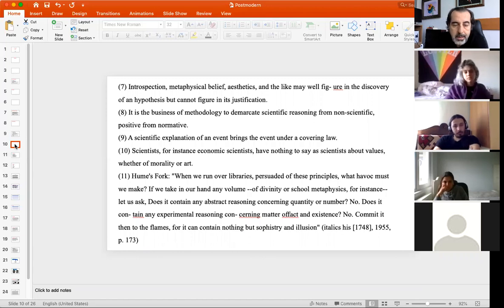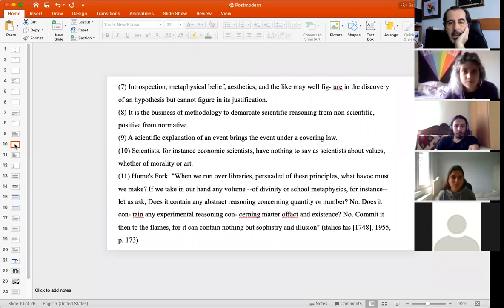So seven, introspection, metaphysical belief, aesthetics, and the like may well figure in the discovery of a hypothesis, but cannot figure in its justification. This is the position of Karl Popper's, basically, conjectures and refutations and so forth. Eight, it is the business of methodology to demarcate scientific reasoning from non-scientific, positive from normative. So the famous Hume's guillotine, right?